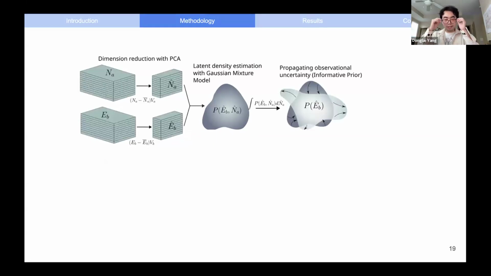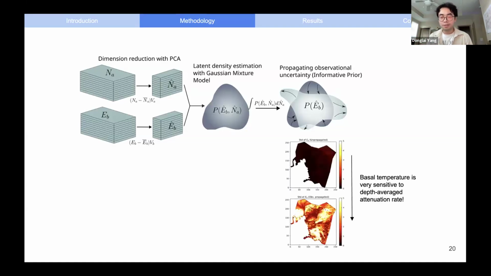And finally, to acquire the basal enthalpy distribution, we need to propagate the observed depth average attenuation rate in this drainage basin. This plot shows the uncertainty of basal temperature before and after that propagation of observations.